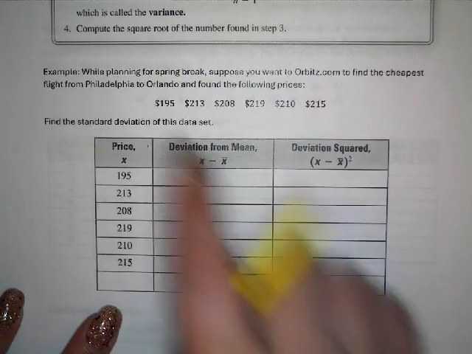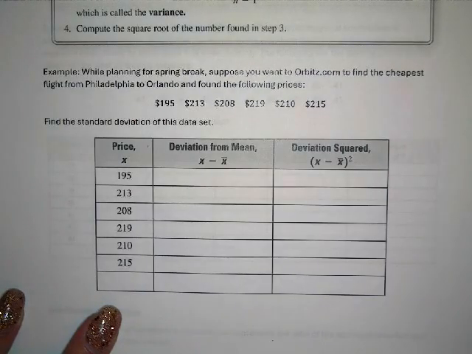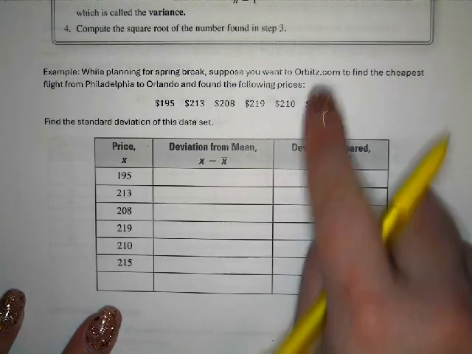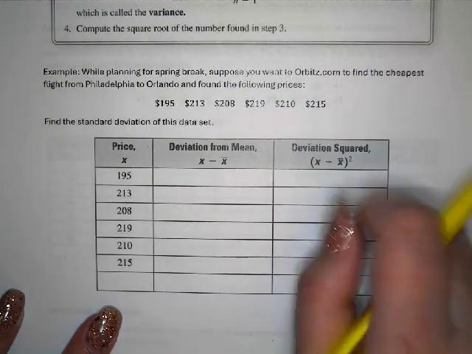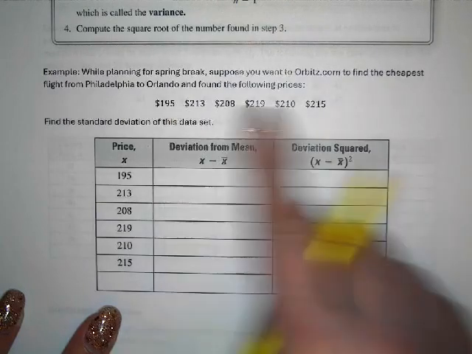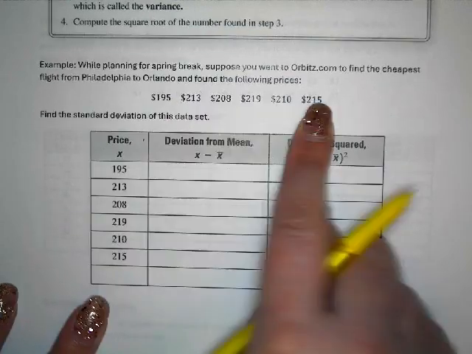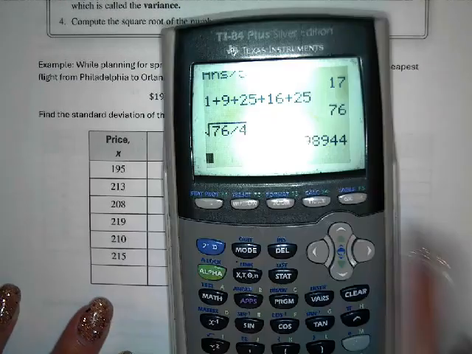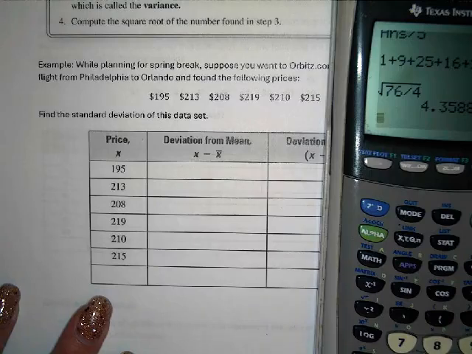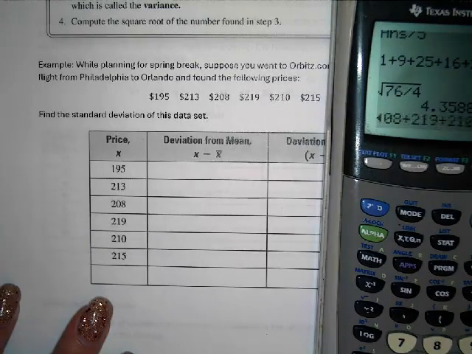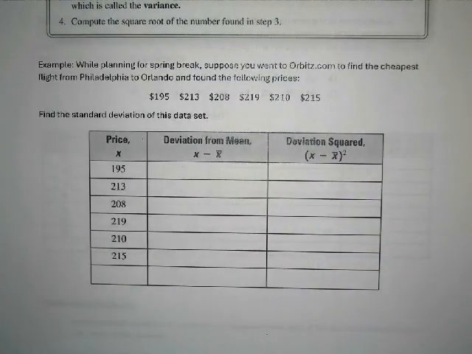Here we are planning for spring break, and we're going to go to orbitz.com to find the cheapest flight from Philadelphia to Orlando. Here are the different prices, and we want to find the standard deviation of this data set of these prices. So I'm going to find the mean first. 1,260 is what I get when I add up all those prices together.